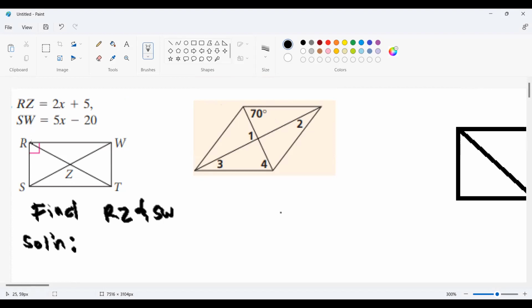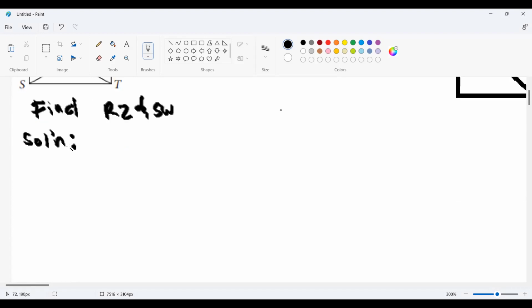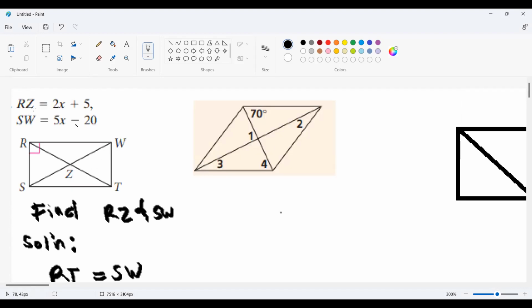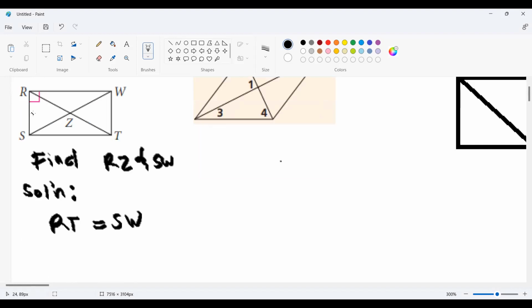So how do you get the representation for RT? We can say that RT is equal to SW, but in the given it's not directly given, it's RZ.